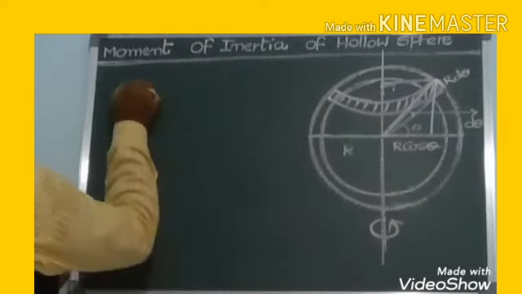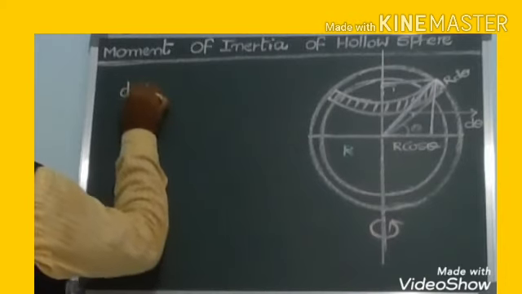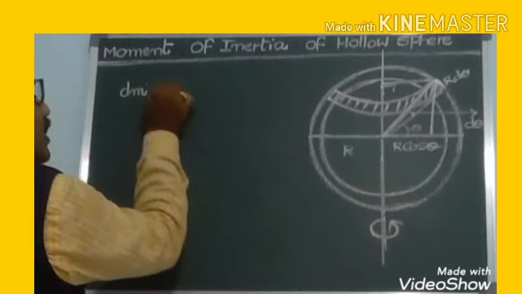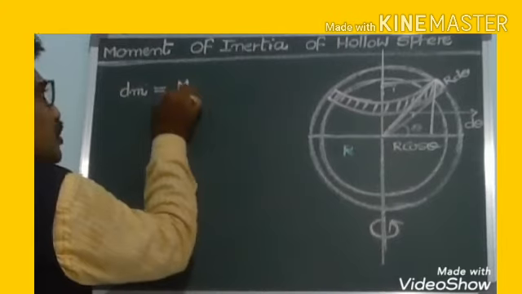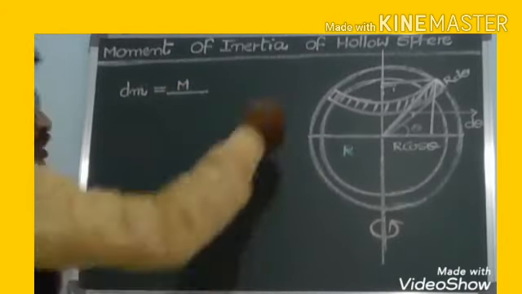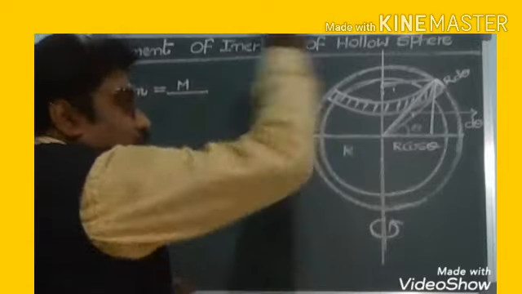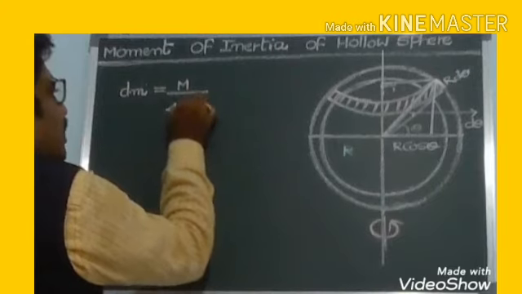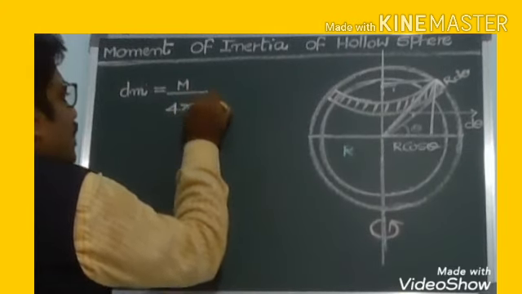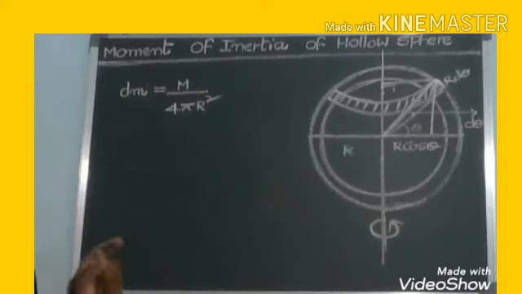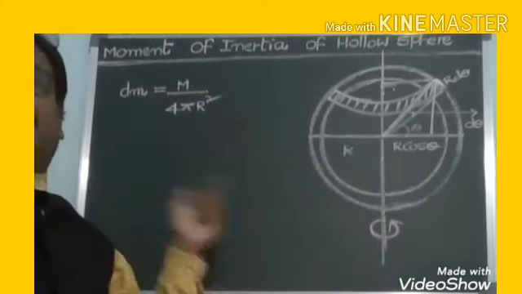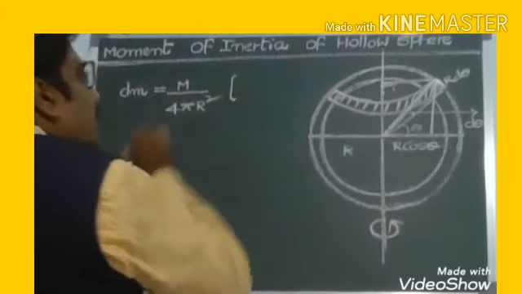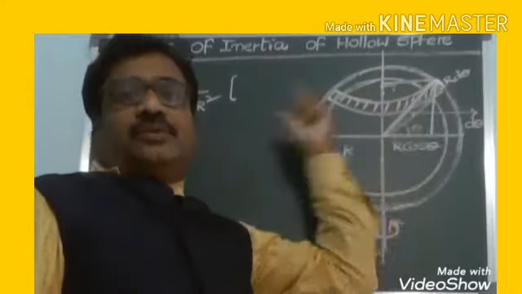Let us say dm. dm is the mass of the element of the unit shell of spherical ring, equal to total mass, the mass of the hollow sphere, divided by surface area 4 pi r square, which is the surface area of the hollow sphere, into the surface area of the unit cell of spherical ring.